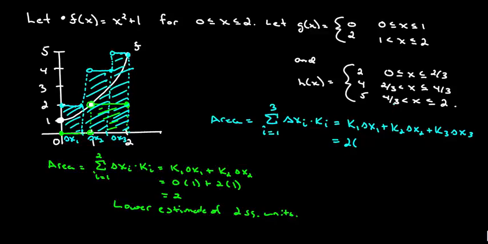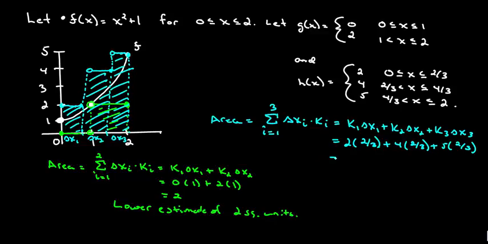This length right here is delta x1, this length is delta x2, and this length is delta x3. So delta x1 is 2/3 minus 0, or 2/3. K2 is at a height of 4, so 4 times 4/3 minus 2/3, which is 2/3. And then k3 is at a height of 5, and its length is 6/3 minus 4/3, which is also 2/3.